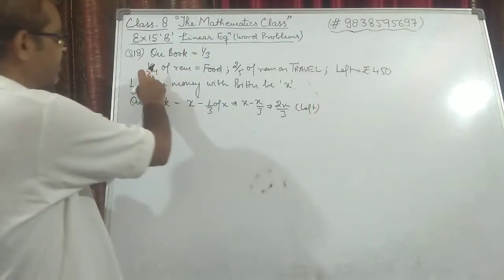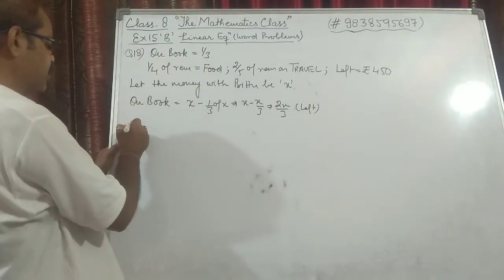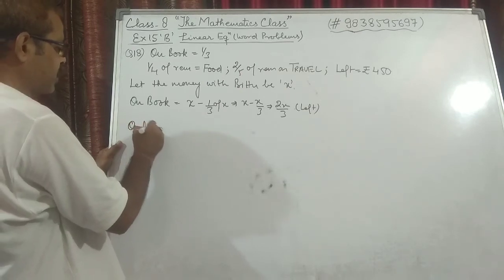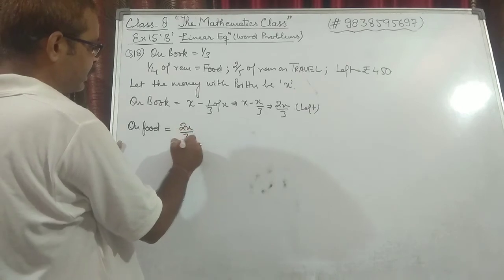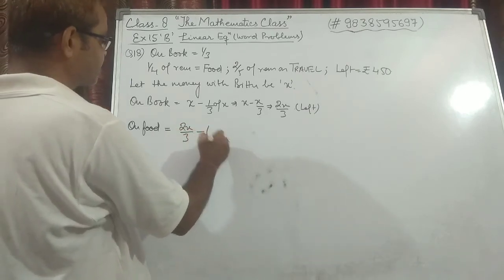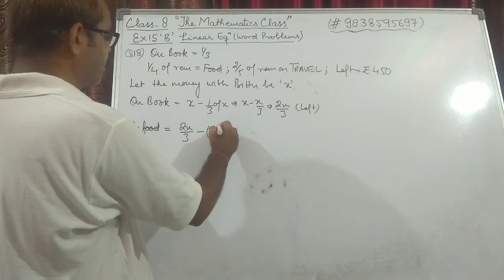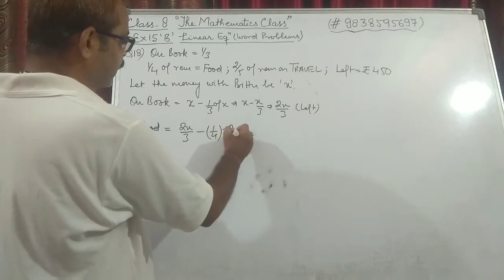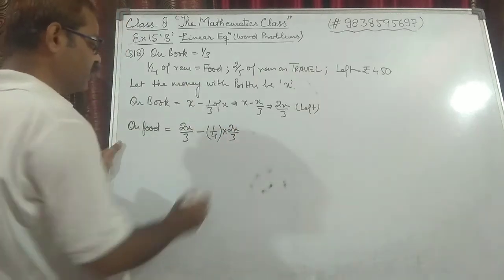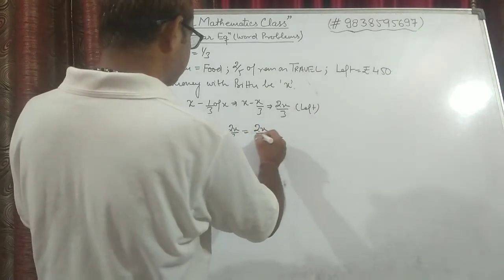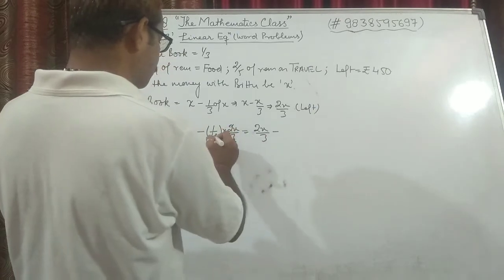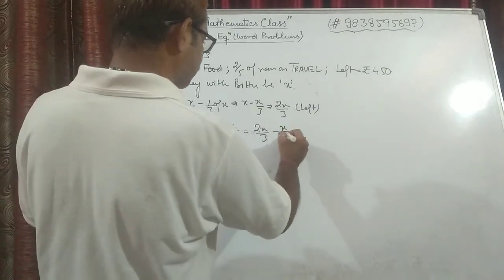He spends 1/4 of the remaining on food. So now on food, how much is he spending? He had 2x upon 3 left, and minus he spent 1 upon 4 of that, that is 2x upon 3 minus 2x upon 6.